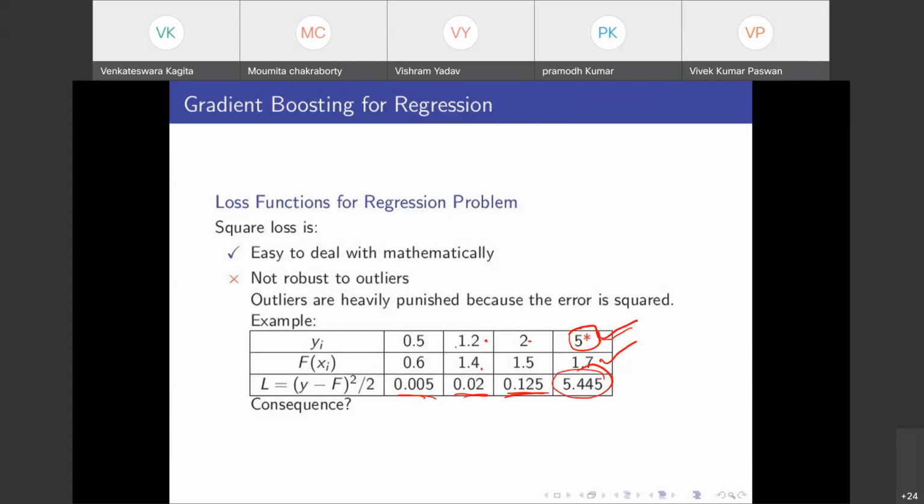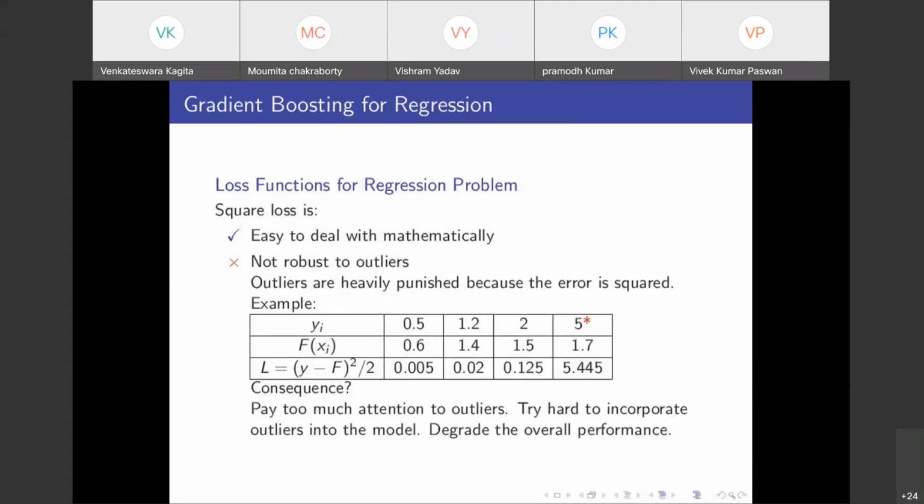So what is happening here? You're penalizing these outliers heavily. The outliers are punished heavily. As a result, you're paying too much attention to these outliers and trying hard to incorporate them into the model, so the overall performance would be degraded.